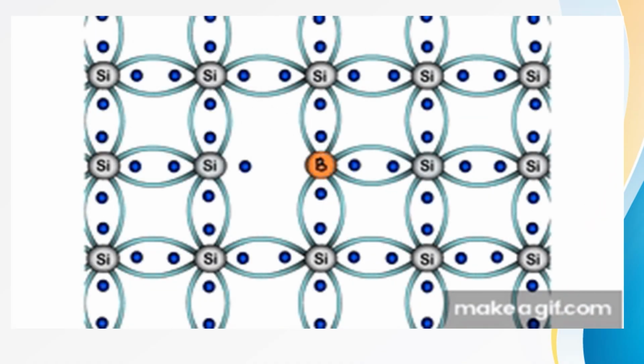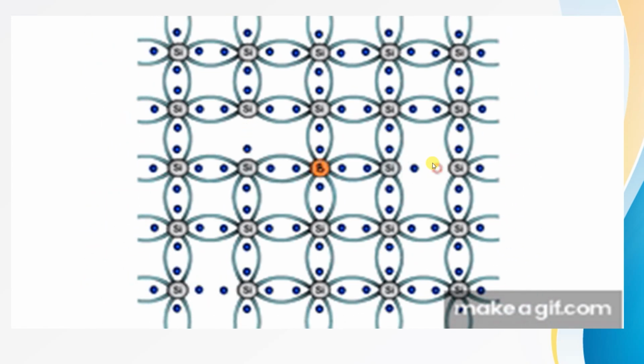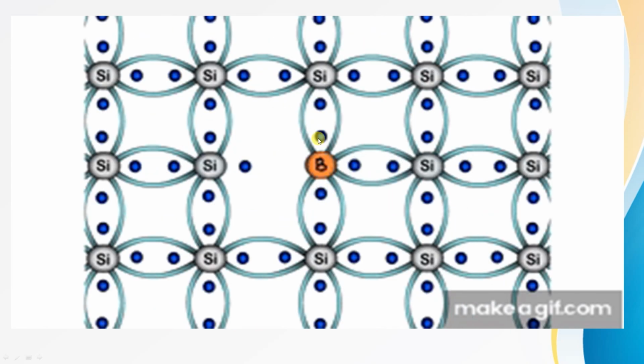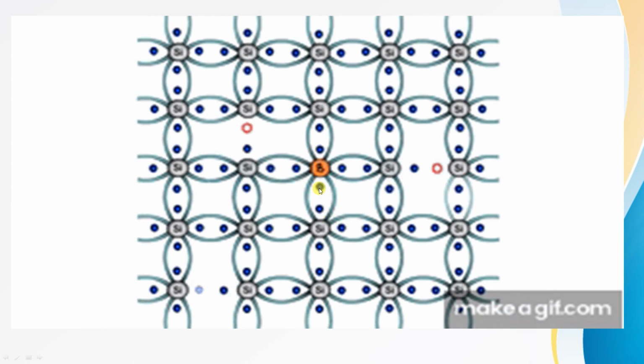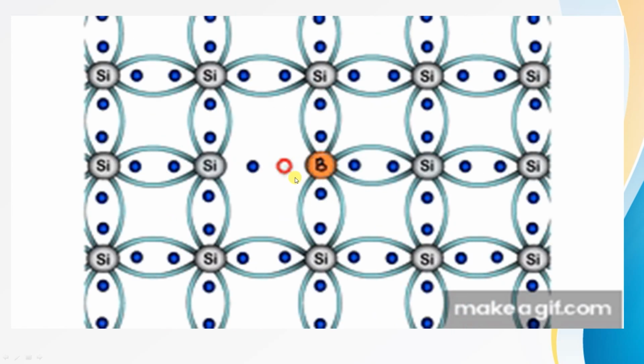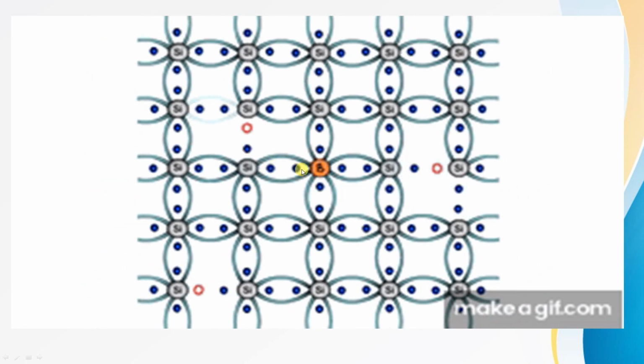In this animation, we can see that when silicon is doped with trivalent impurities like boron, 3 electrons of boron are properly bonded with 3 silicon atoms, while one space is left empty. To fill this space, which is called a hole, an electron from the neighboring silicon atom is attracted towards it.